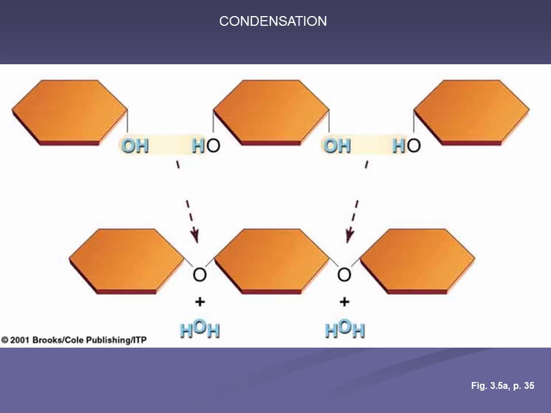Now, the only reason you know this is a condensation reaction and not a hydrolysis reaction is because of the direction of that arrowhead. Because if the arrowhead was pointing in this direction, that would be hydrolysis. So you see, if you learn one and just reverse the arrowheads, you know both already. See how easy that is?